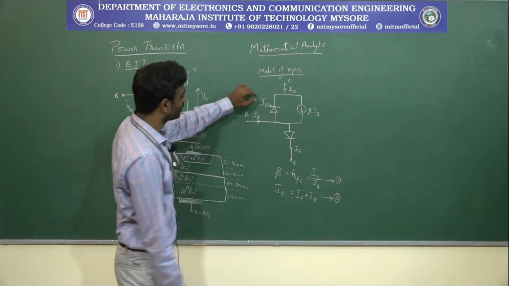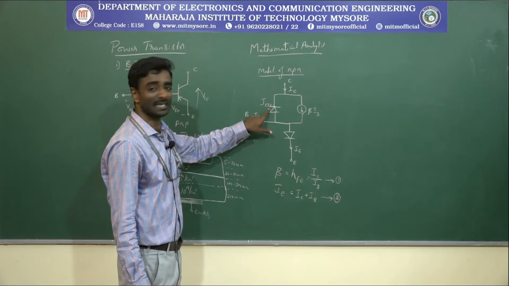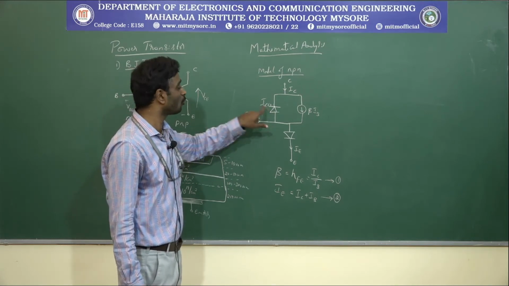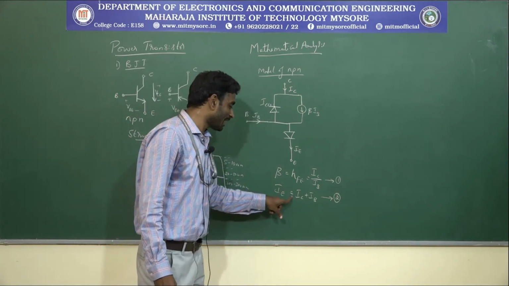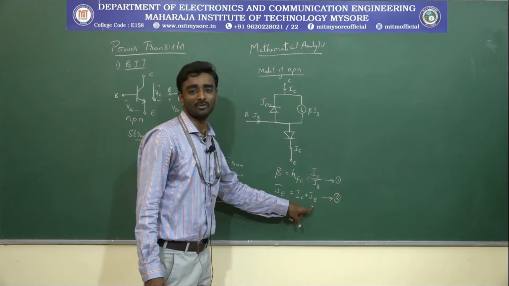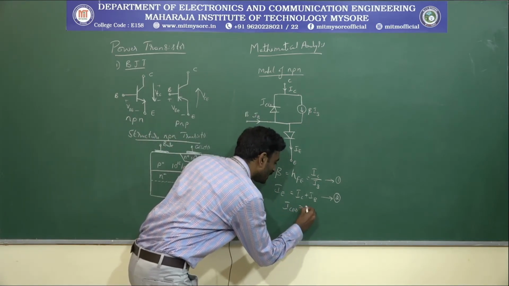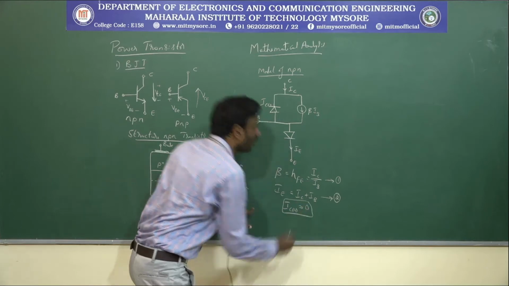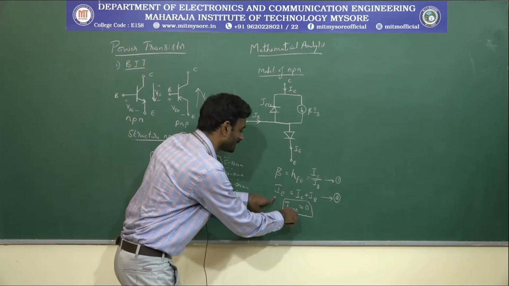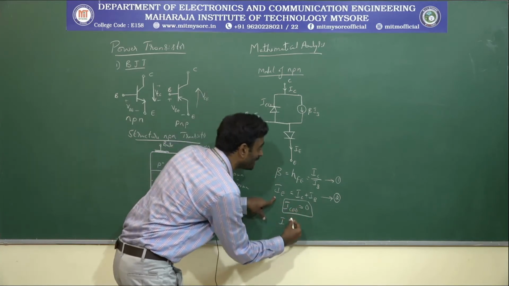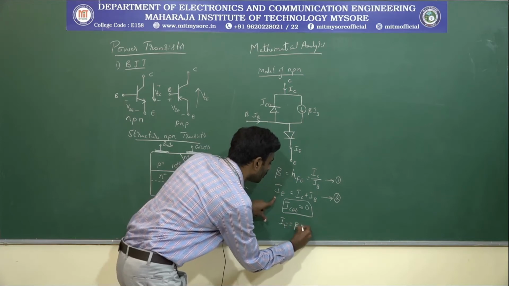In the next case, the current across ICEO is considered, where this will be negligible. When you consider this as negligible, I can write the total current as IE equals IC plus IB. So I will consider ICO to be negligible, that is 0. Based on this, when ICO equals 0, I can write IE equals beta into IB.